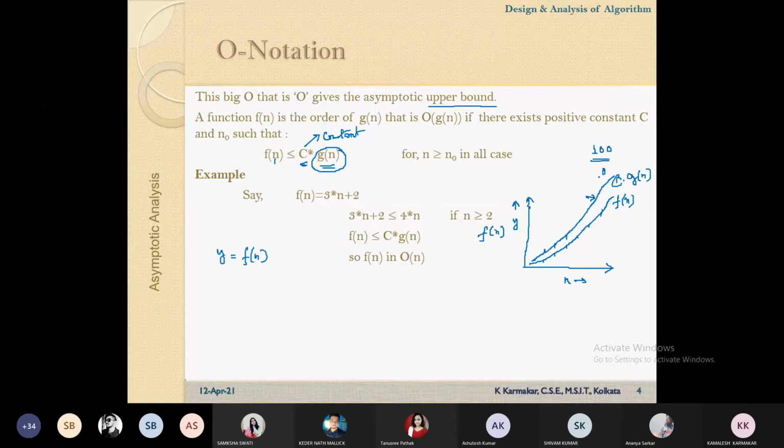So f(n) will never cross this line, even for any larger value of n. If we can represent it this way, then this c into g(n) is basically known as the asymptotic upper bound.